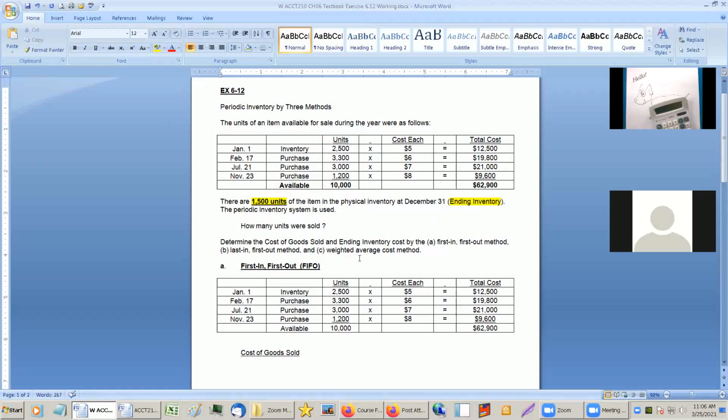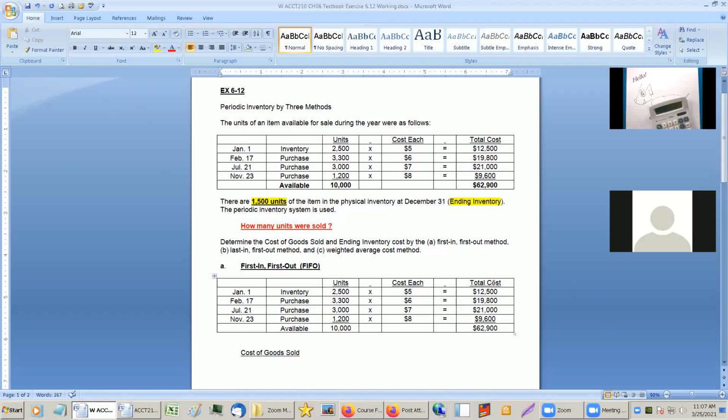Now, they don't actually tell us how many units were sold. So see if you can figure that out. And when you figure it out, either blurt it out or put it into the chat.